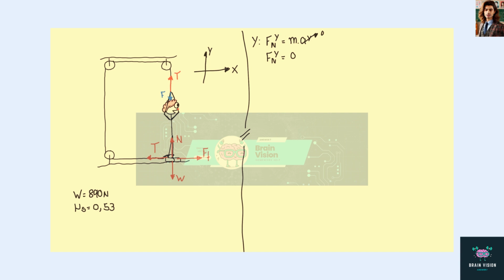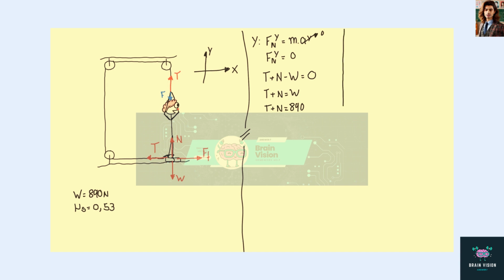Then we have that the tension force plus the normal force minus the weight force is equal to 0. Then we have the following relation: T plus N is equal to the weight force, and the weight force is equal to 890 newtons.